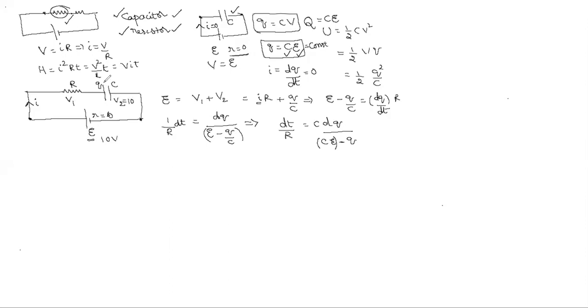Then the charge on the capacitor will be maximum. That's what he said. So understood? I am taking that maximum charge as capital Q. Now, can I go to my equation, this equation?